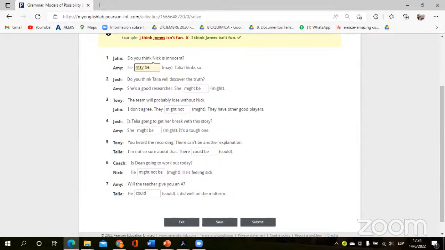But if you have a present question using the verb to be, it is okay that the answer has to be with verb to be. So he may be, it is okay. Why? Because the instruction says that we have to use the auxiliary. So you're right.